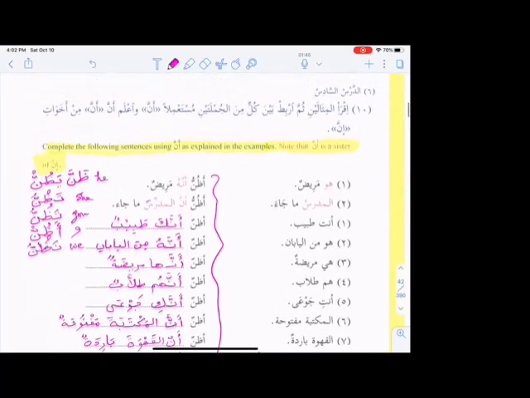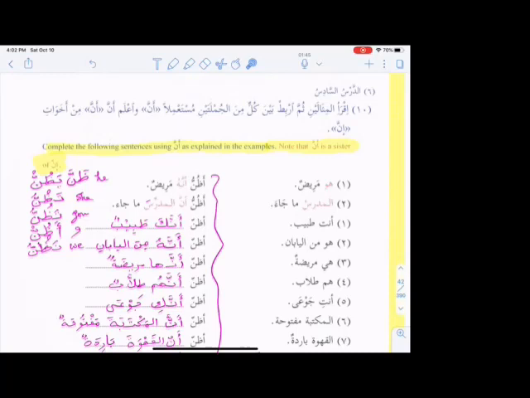Azunnu annahu maridun. See here, this is a very beautiful exercise. Inshallah, you will do it. Huwa maridun. He is sick. You want to say, I think that he is sick.